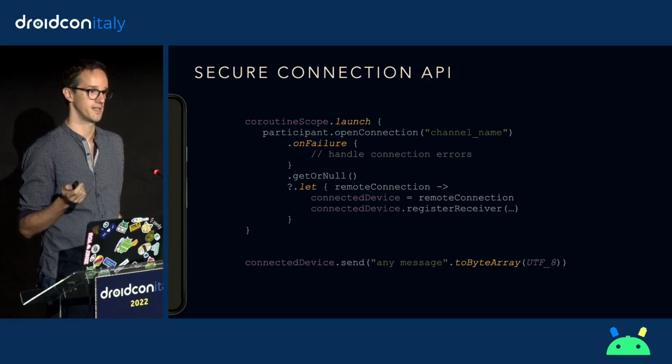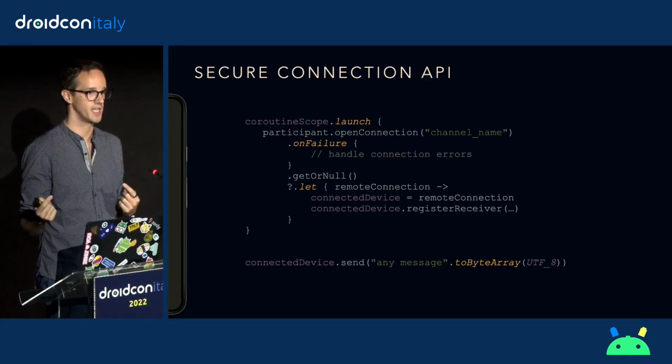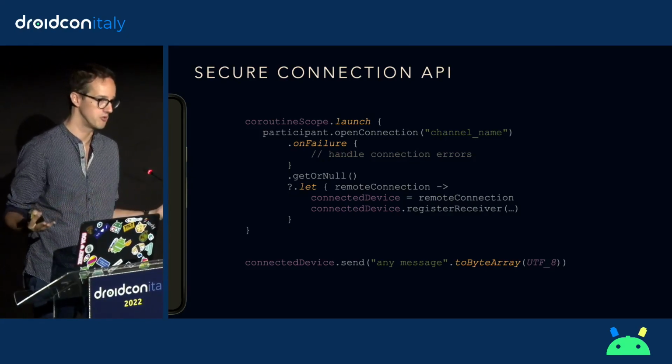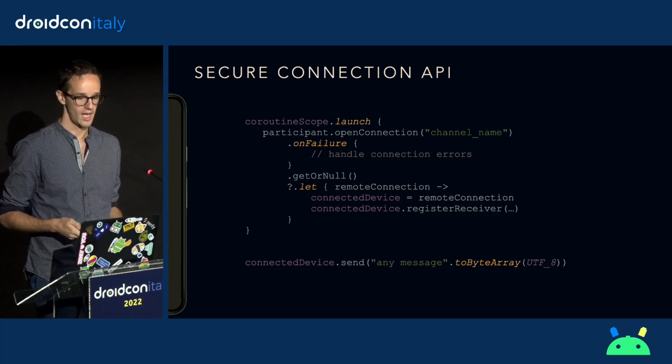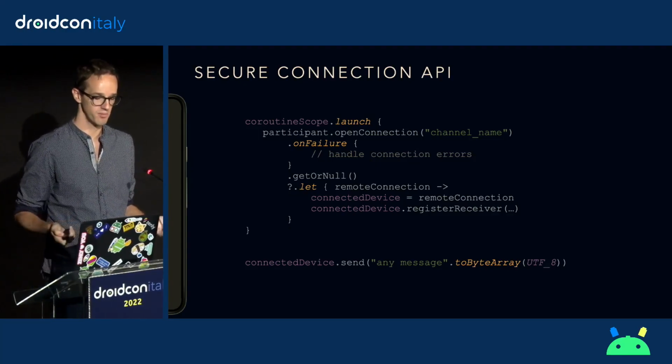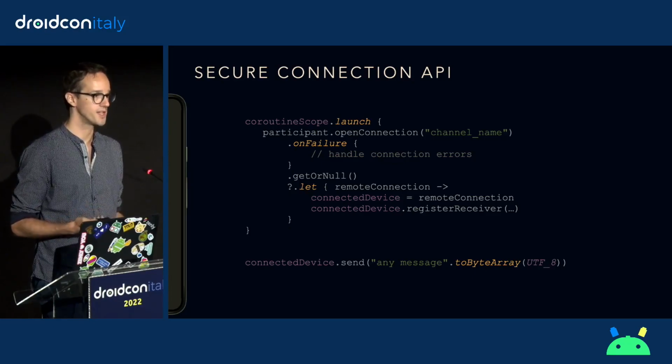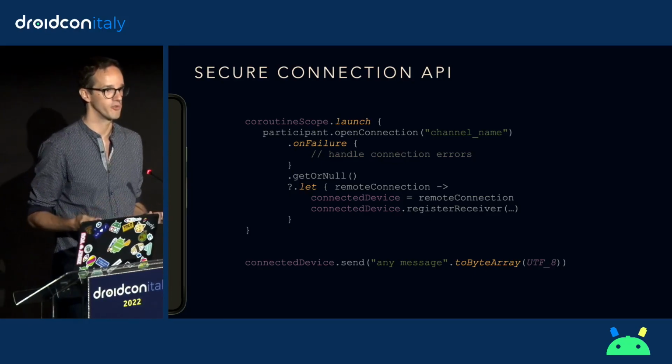And we can register a receiver for that device, so that once we receive some data from it, we are going to get notified, we can update the UI, basically do all our logic. And to send, it's as simple as calling the send method, using any byte array, which can be the representation of what we want to share.